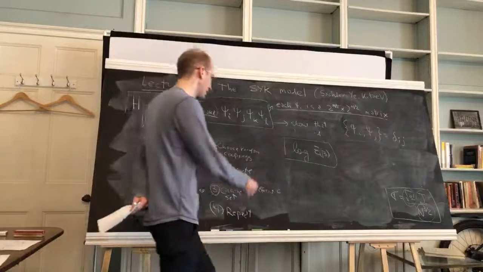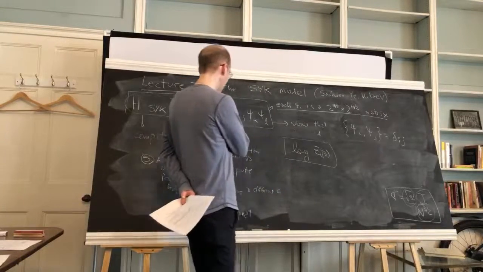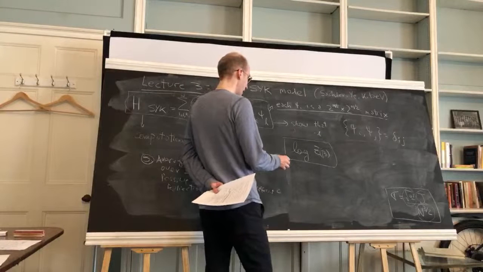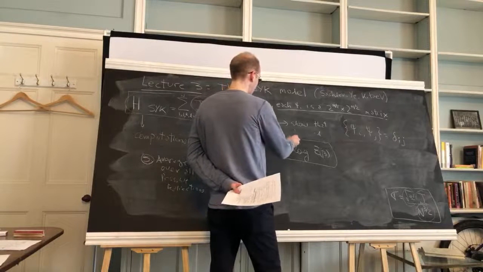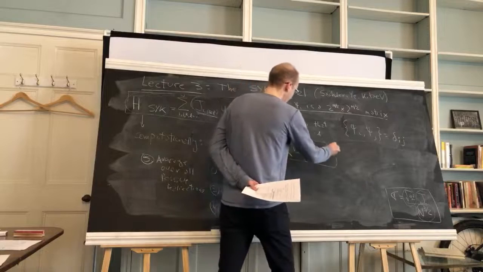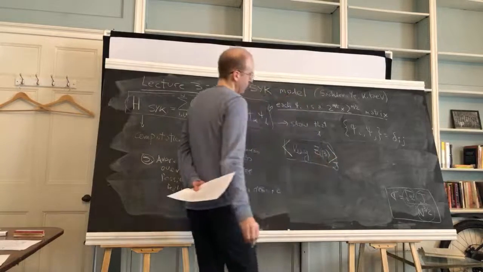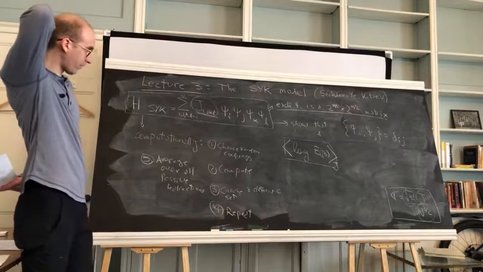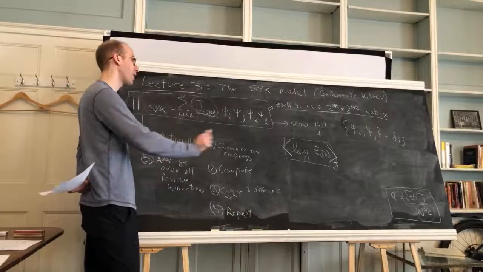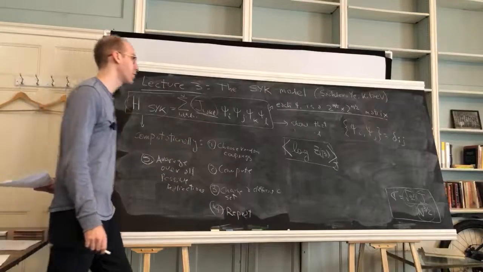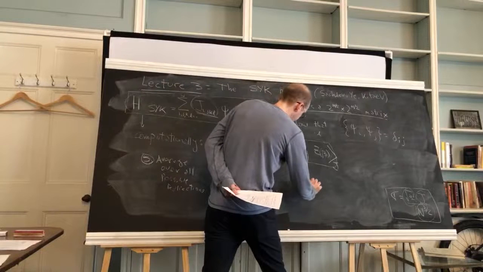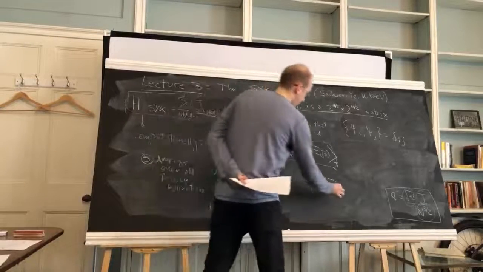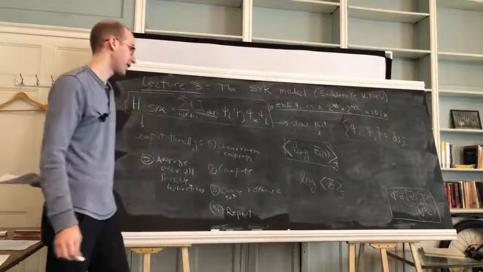I want an average over all possible realizations of this model, so I need to put some averages over here. And there are two ways I can do that. One is to average over here, like what I was describing: you compute the two-point function, you save the number, and then you average over all two-point functions. Or you can do something different, that is first average over the partition function, and then take the logarithm.